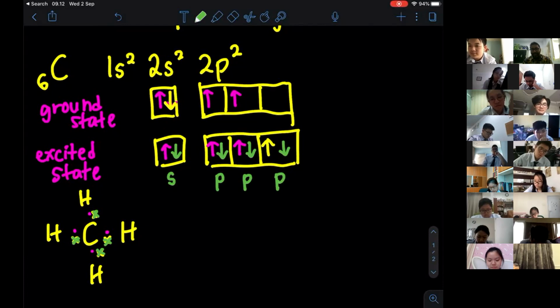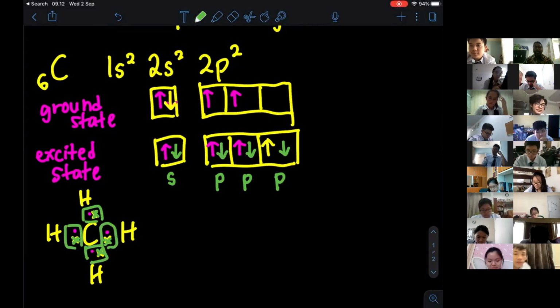Therefore, the orbitals involved in the bonding have changed into hybrid orbitals, and those hybrid orbitals are known as sp3. Why are they sp3? Because you choose 1s and 3p.